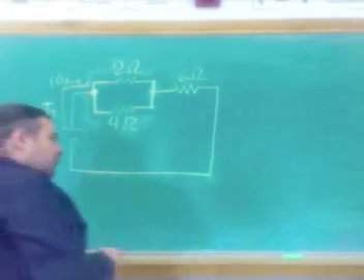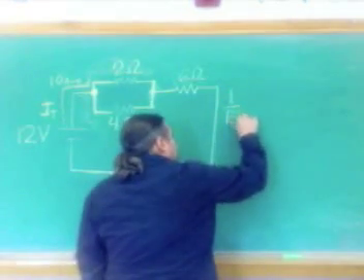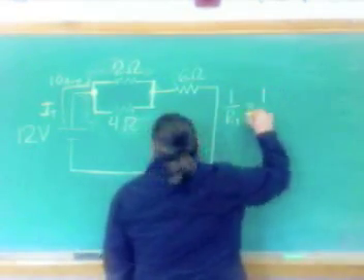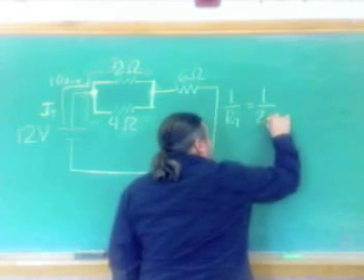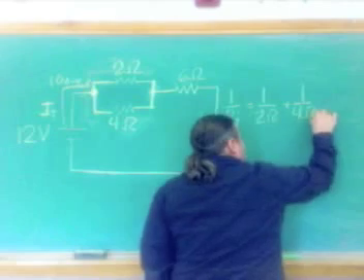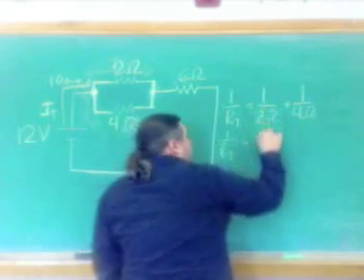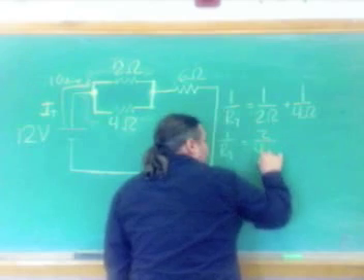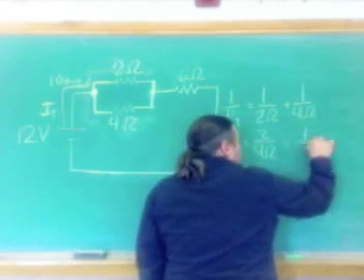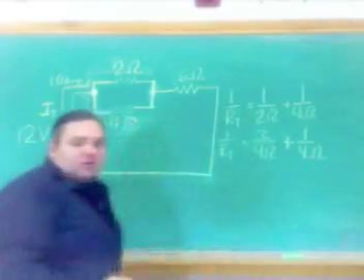So what's the total resistance in that case? Well, when I deal with parallels, 1 over RT is equal to, in this case, 1 over 2 ohms plus 1 over 4 ohms. So I have 1 over RT is equal to 2 over 4 ohms plus 1 over 4 ohms.